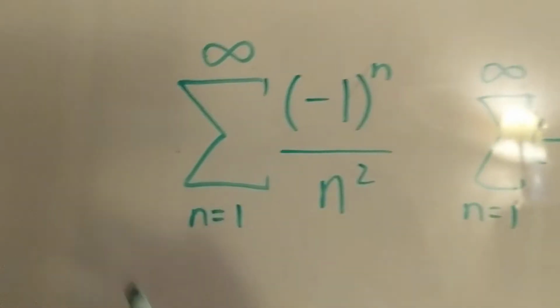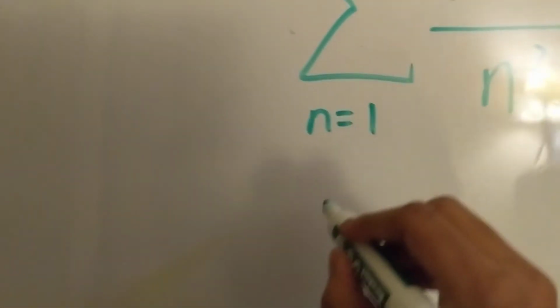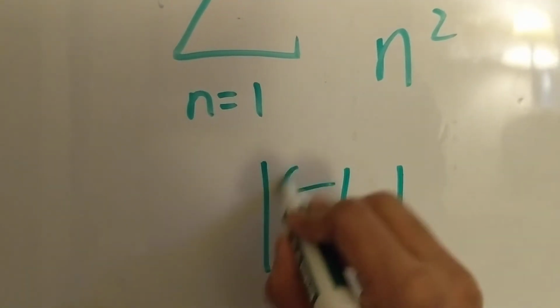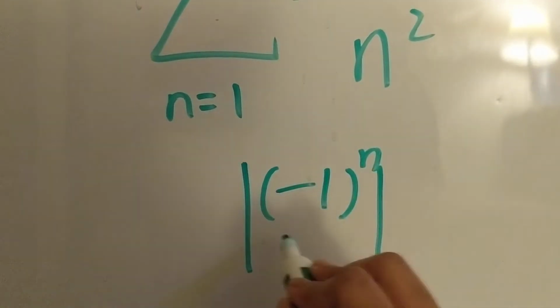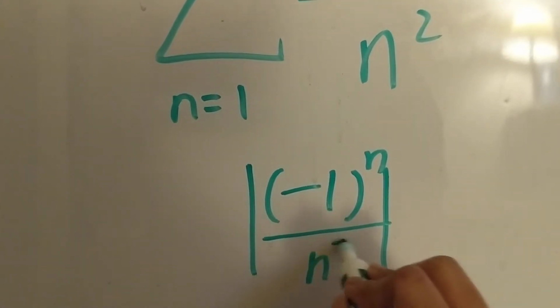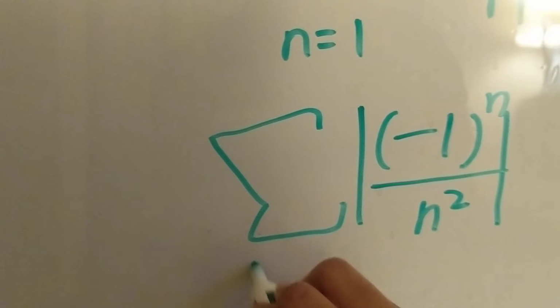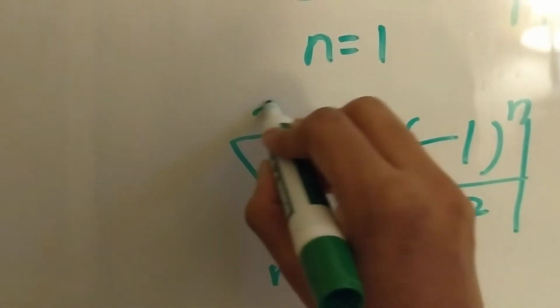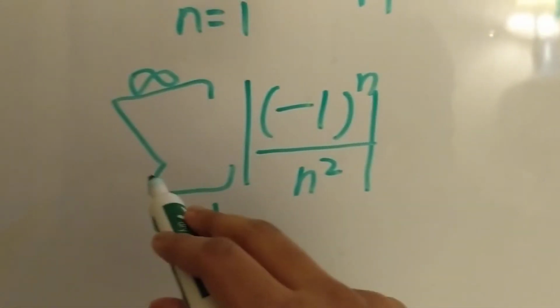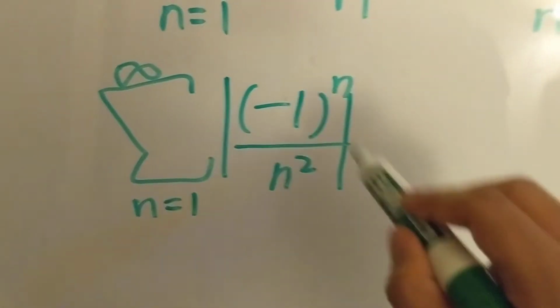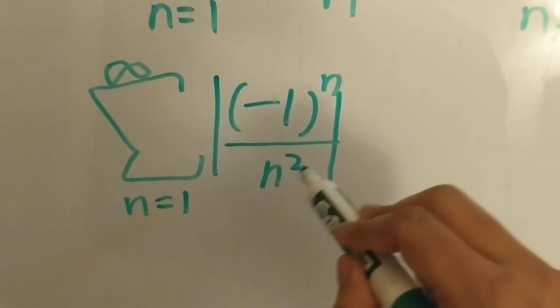Here we do the same thing. We take the absolute value of (-1)^n over n squared, same series. I am so sorry for that shape, that shape is hideous. So we have n equals 1 to infinity of the absolute value of (-1)^n over n squared.